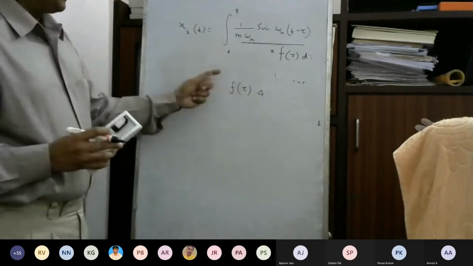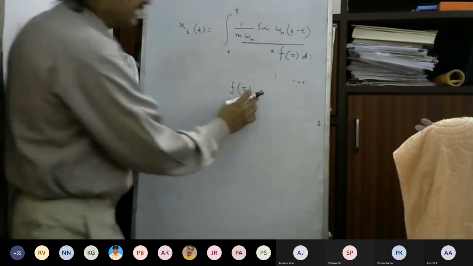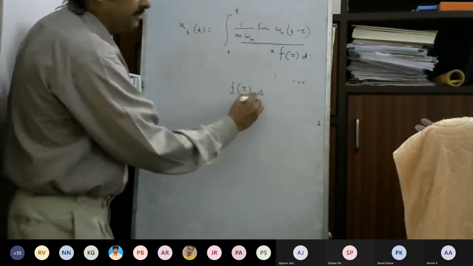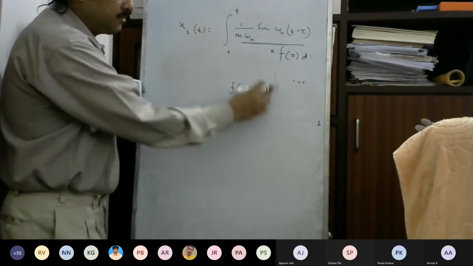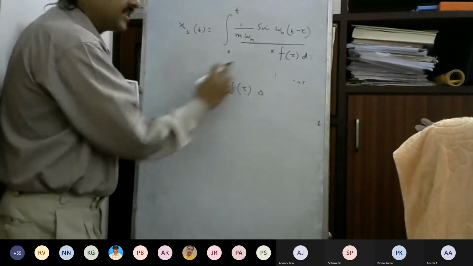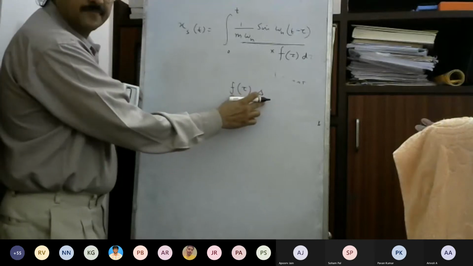The amount of impulse given, and what will be the response? This amount of impulse was given at time t equal to 0. So I want to find the impulse response due to not a unit but this amount of impulse.